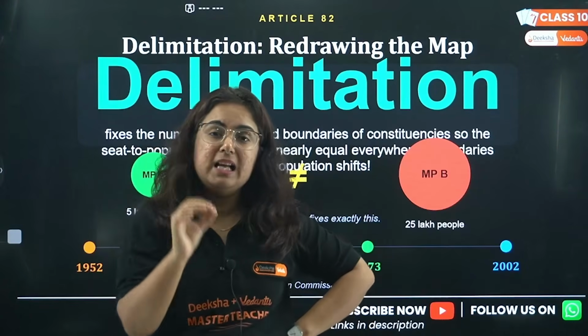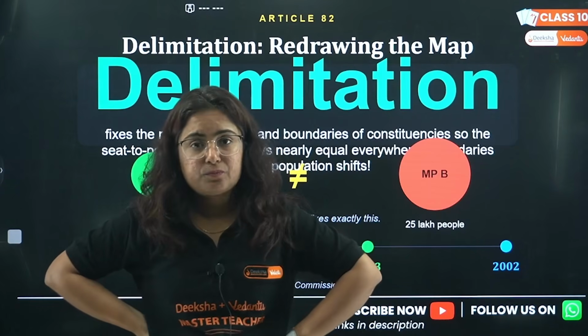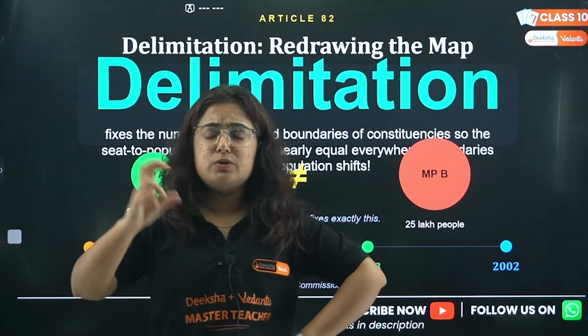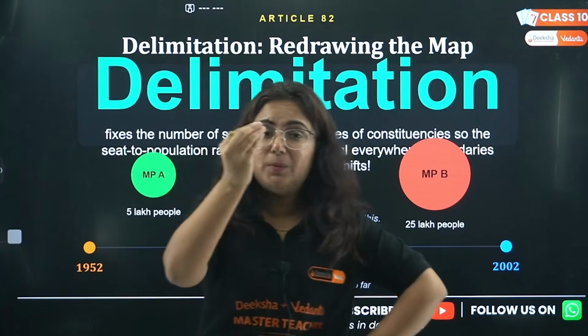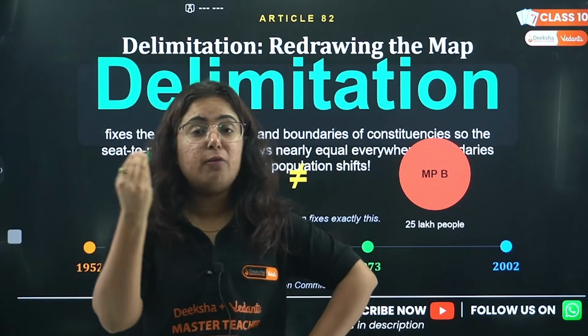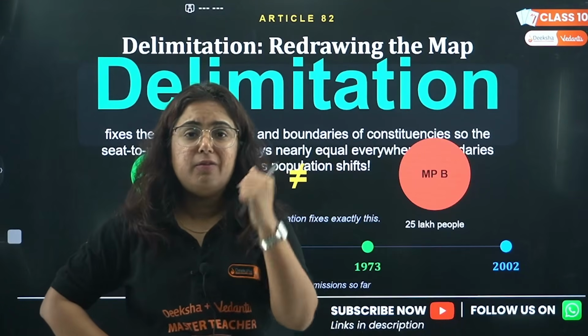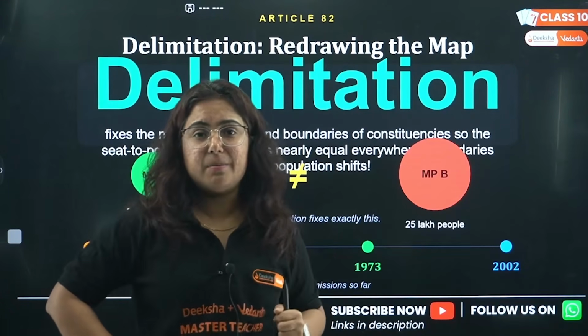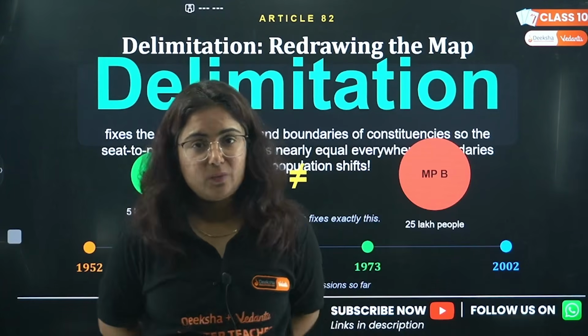For example, there is an MP chosen from the state of Ladakh. Right? There is an MP who is being chosen from the state of Uttar Pradesh. Now, obviously, the population of Ladakh is less and the population of UP is more. What if we divided the constituencies in a manner that each state will have around 20 constituencies?